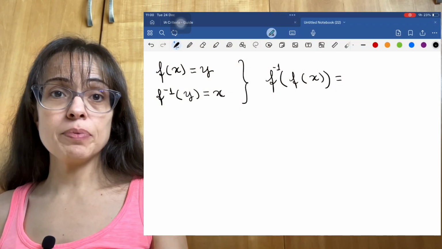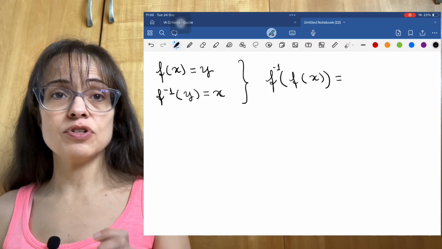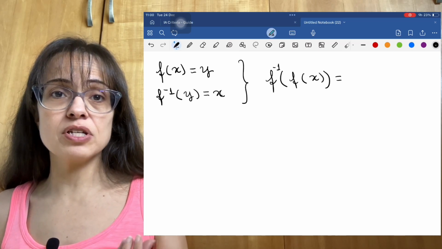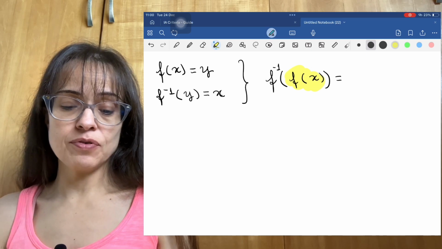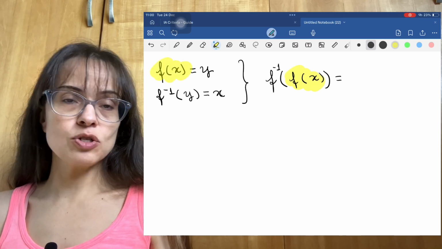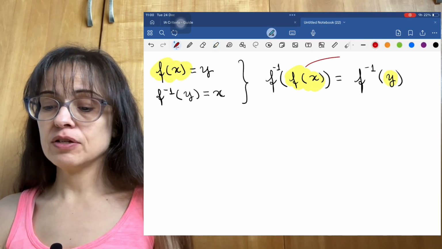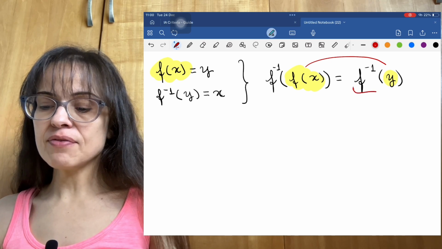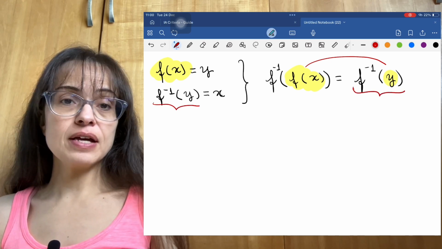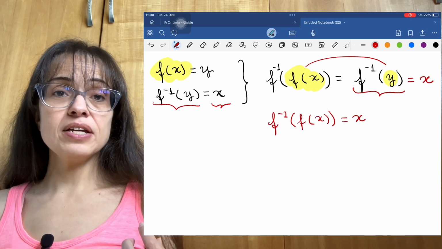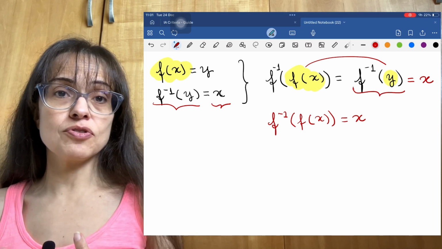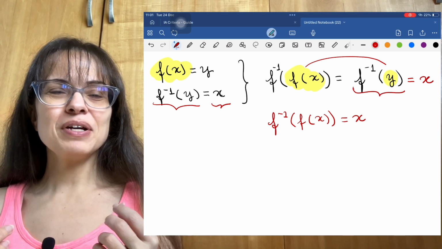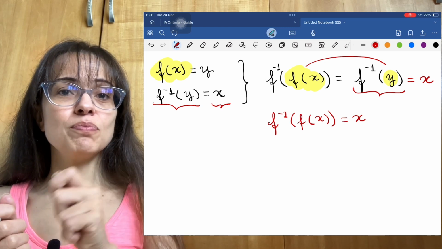I want to look at what happens when you have a function and its inverse function, and you do a composition of one inside of the other. So I have f of x as my inside function here, and f of x is y. So I put that inside of the function, but now I have f inverse of y, and that is just x. So what we're getting here is that the function and the inverse function, they cancel each other out, which makes sense because that's what inverse function means, right?